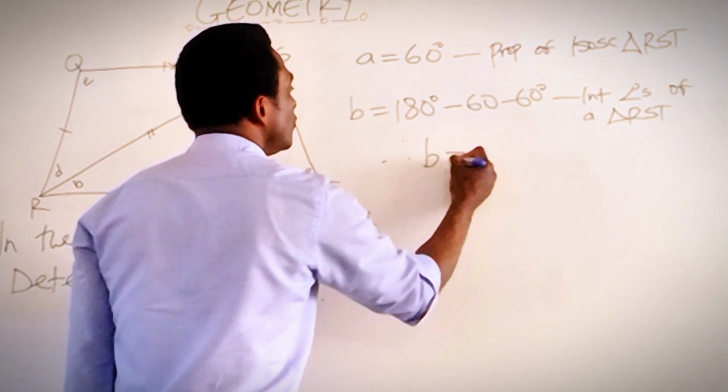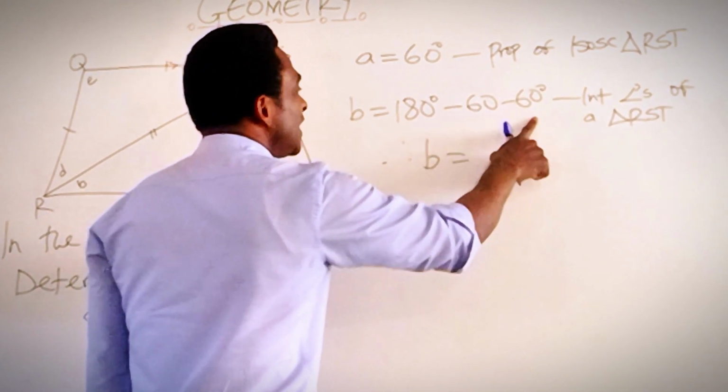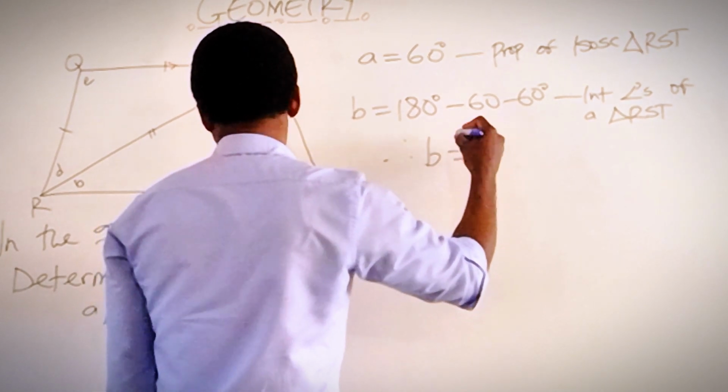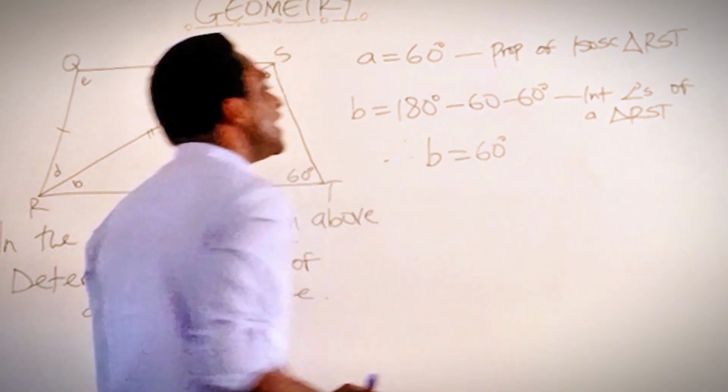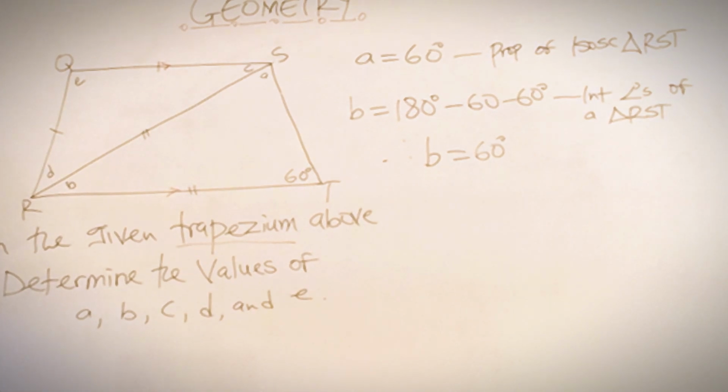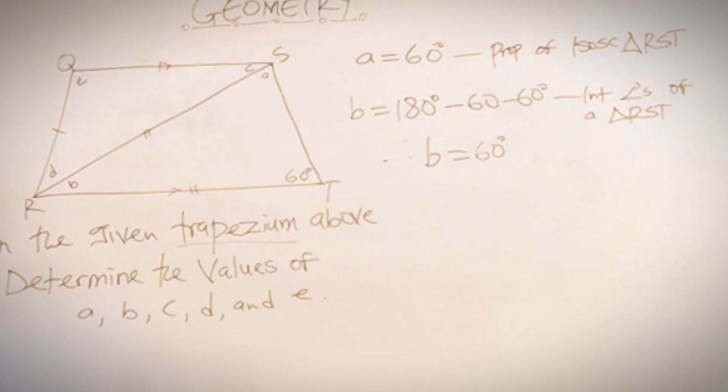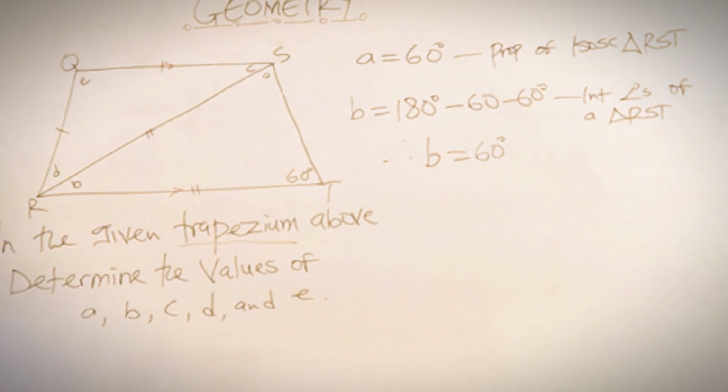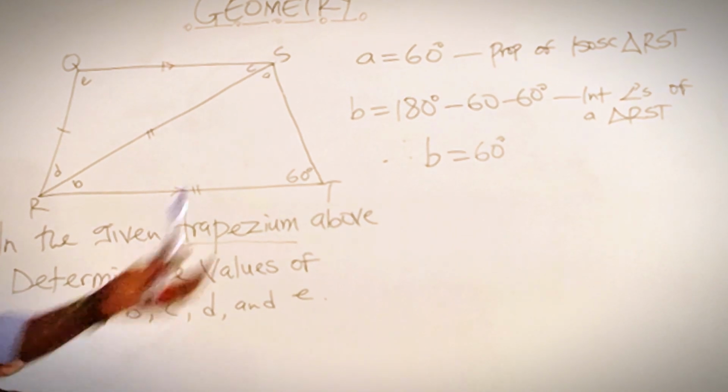Therefore, our B will be equals to 180 minus 120, which makes it 60. Somehow like an equilateral triangle, but we must follow the process. Now, it means that this will be something like what we classify as an isosceles trapezium. But let's see.